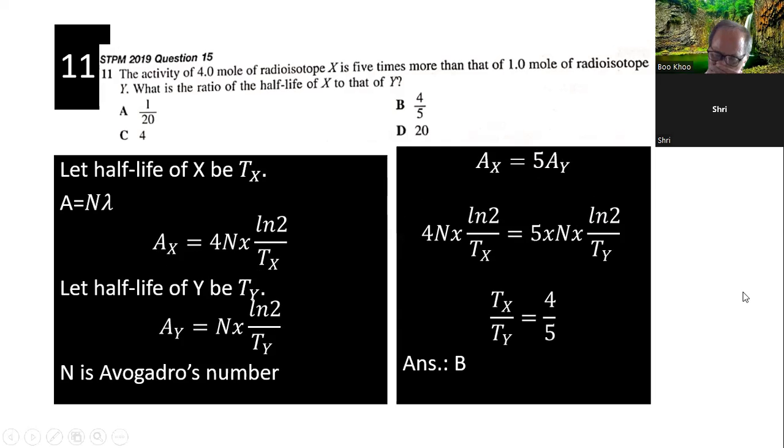Anything not clear? Yep. Talk to me. Which one is not clear? Teacher, why AX suddenly become 5 AY? That one? You are told that the activity of X is 5 times the activity of Y. That's given.